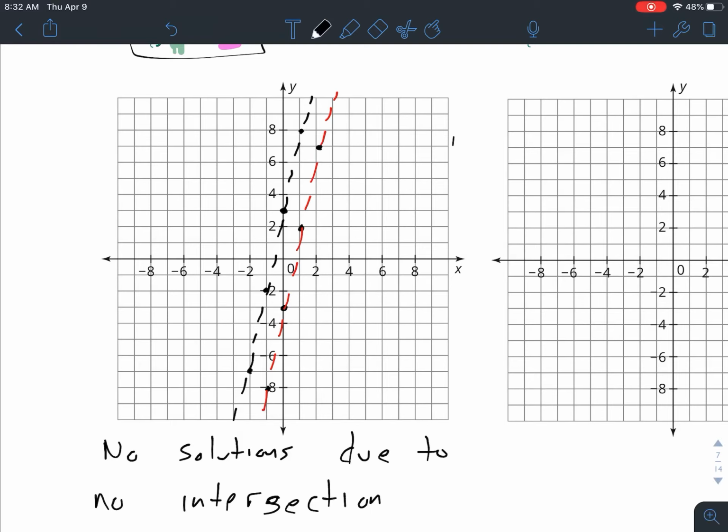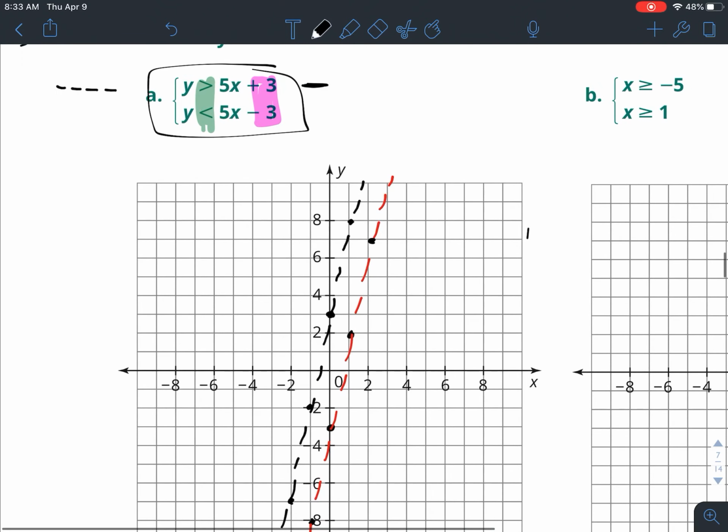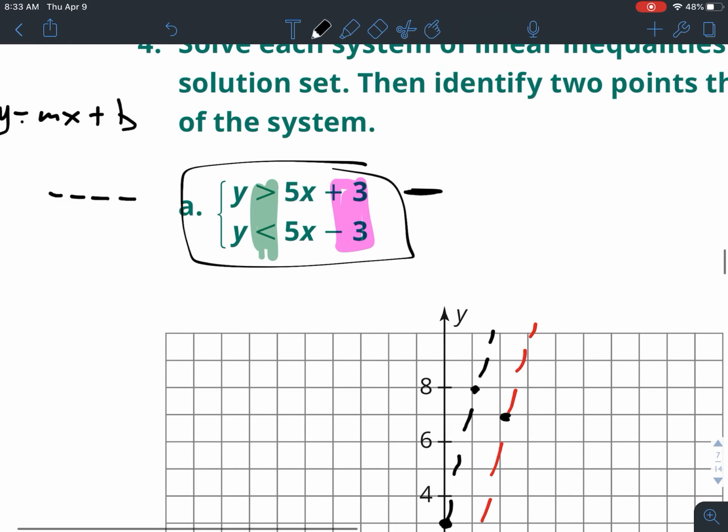Before we go on though, we have to see which side we have to shade on these. Let's look at this first one. Let's look at the point where y is 3 and x is 0. Let's see if this works.